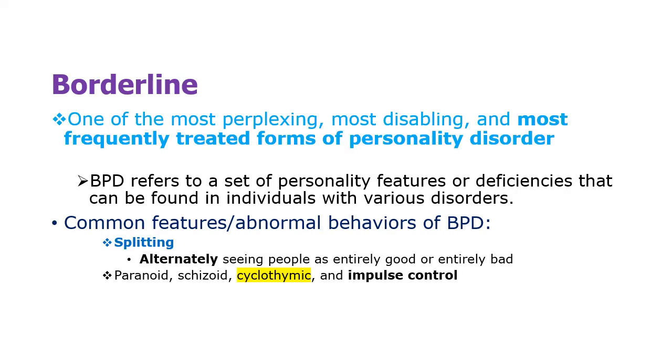Now, borderline personality disorder presents as a set of personality traits, and these traits are commonly associated with other psychiatric illness. For example, cyclothymic. And if you remember, that's short stints of depression as well as hypomania. And as I said before, borderline disorder is just people who live on the border.